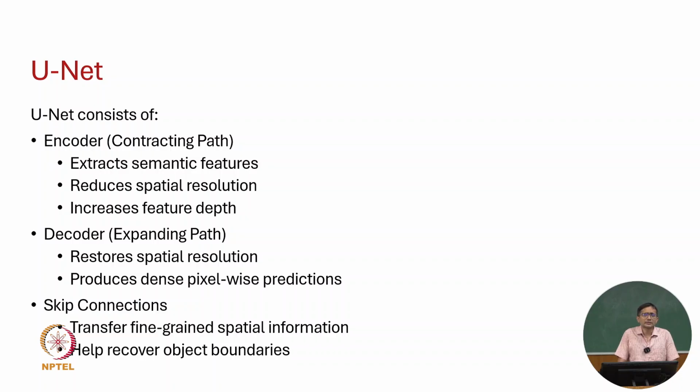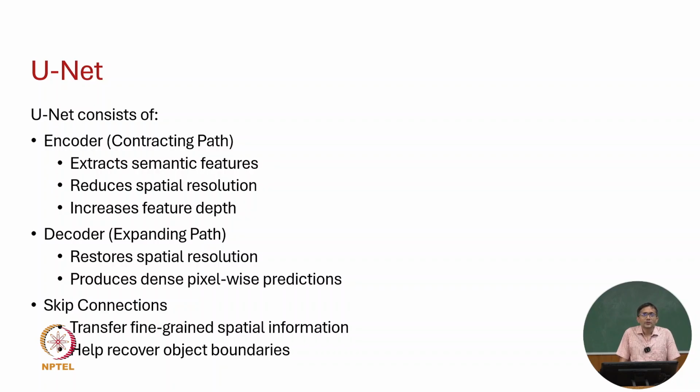And we have the decoder, the expanding path, which is restoring the spatial resolution and producing dense pixel-wise predictions. In addition, we have the skip connections. The skip connections transfer fine-grained spatial information from the encoder to the decoder, and in this way help to recover the object boundaries.